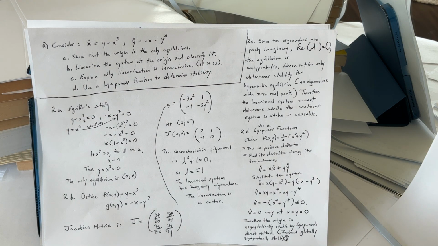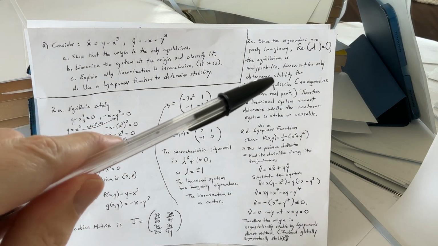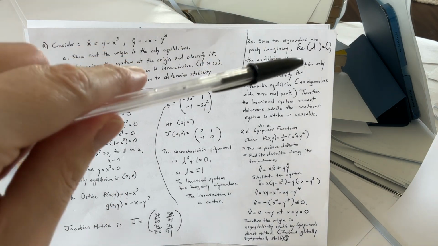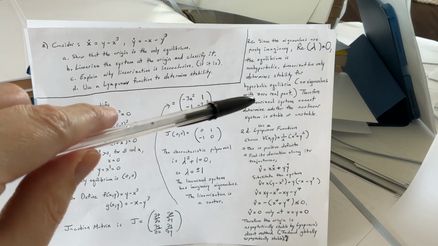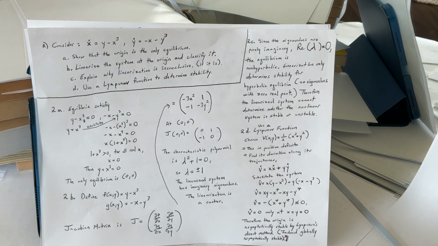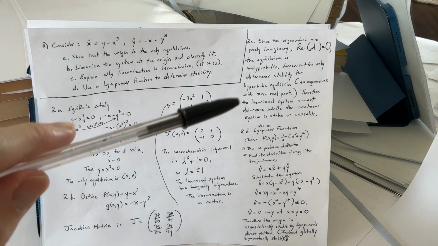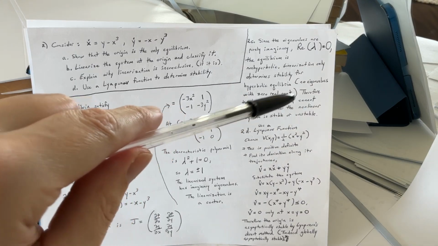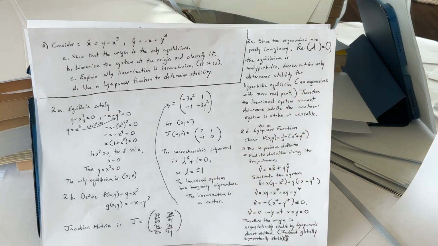The linearization only determines stability for hyperbolic equilibria, where there are no eigenvalues with zero real part. Therefore, the linearized system cannot, keyword cannot, determine whether the nonlinear system is stable or unstable.